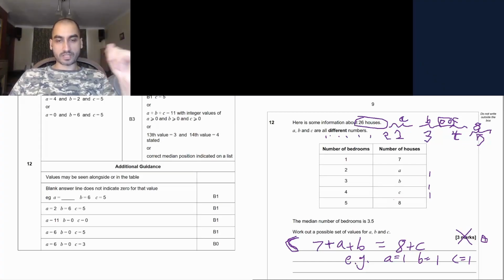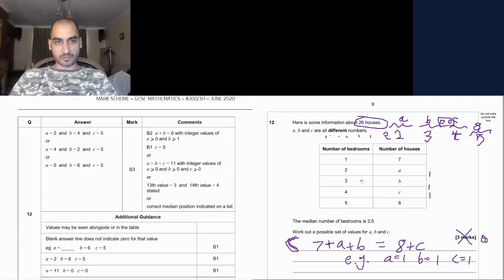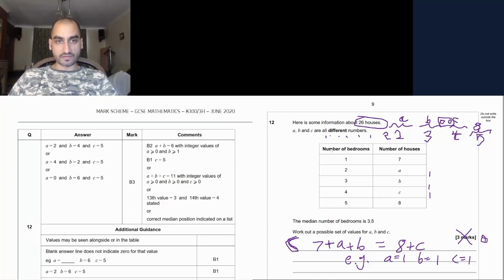So I think what I said was correct. So I'm spending a long time on this question, but it's interesting. So does this equation hold for the values they have? 7 plus A plus B equals 8 plus C. So for example, they said 2, 4, and 5. So 7 plus A plus B is 13. 8 plus 5 is 13. Yeah, it is true. So what I wrote was true.